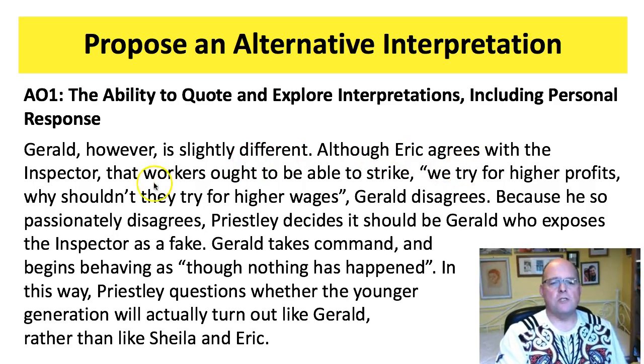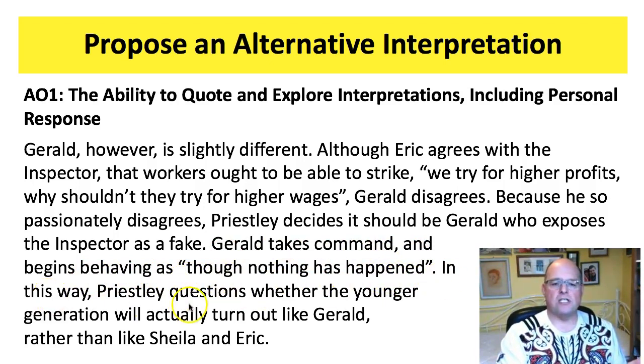Although Eric agrees with the inspector that workers ought to be able to strike, if we try for higher profits, why shouldn't they try for higher wages? Gerald disagrees. Because he so passionately disagrees, Priestley decides it should be Gerald who exposes the inspector as a fake. Gerald takes command and begins behaving as though nothing has happened.